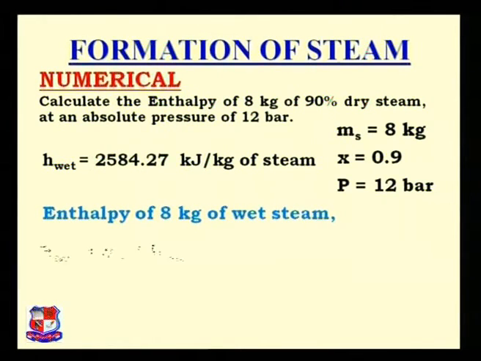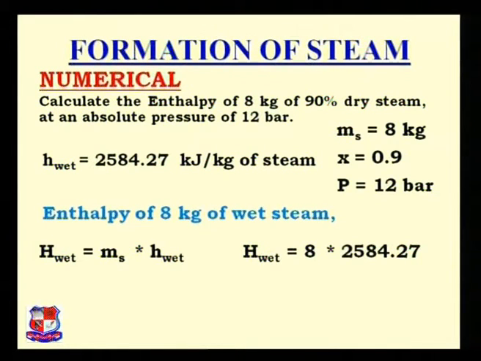So capital H wet is equal to mass of steam multiplied by specific enthalpy of wet steam. Now the mass of steam is 8 kilogram and the specific enthalpy of wet steam is 2584.27.